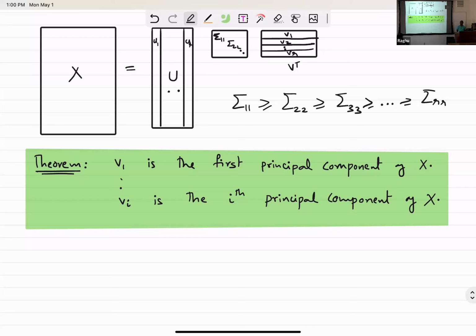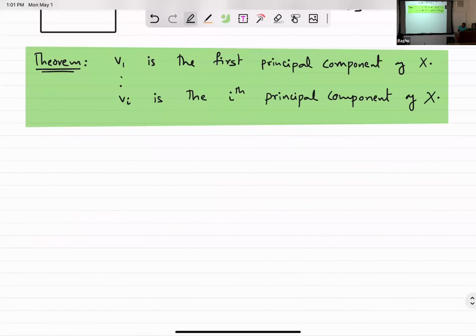Then the first k columns of V will solve the best fit subspace problem for k. In fact, the first one is the first principal component, the second one is the second principal component, and so on. That's the first miracle.